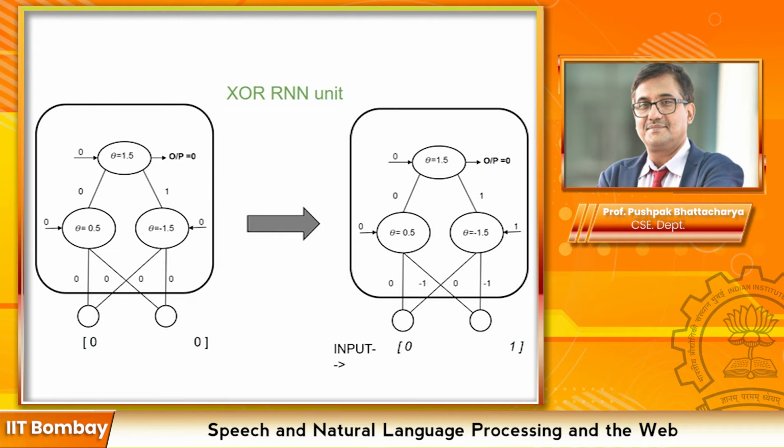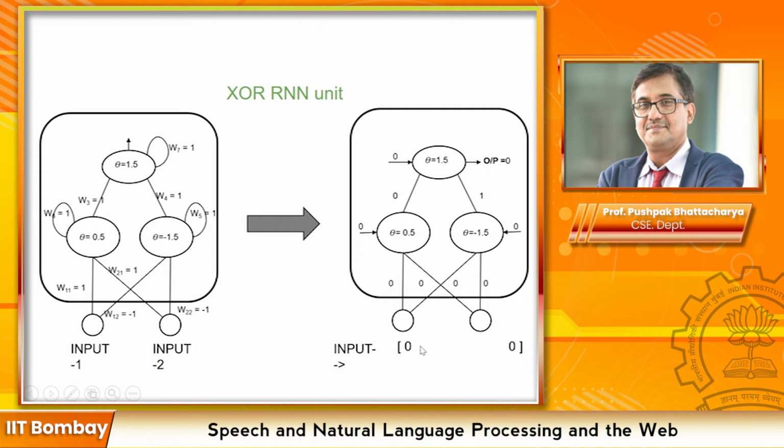The operation is that each neuron's activation comes back to it through a weight value. Those weight values are also, of course, trained on the data. For now, we have assumed that all these weight values are 1. So let me see what happens when 0, 0 is input.